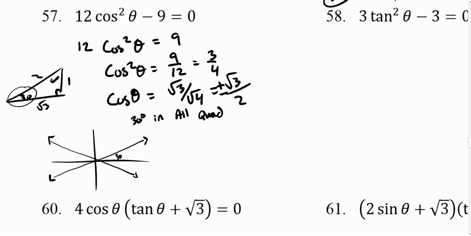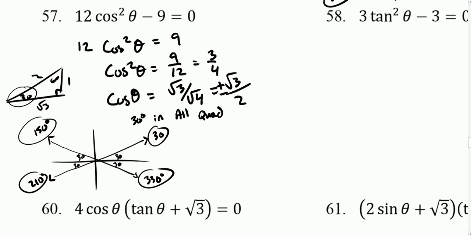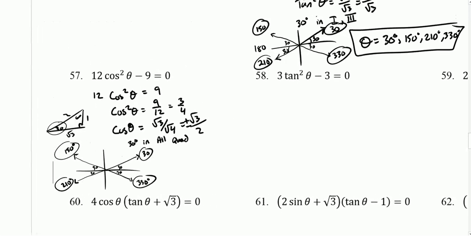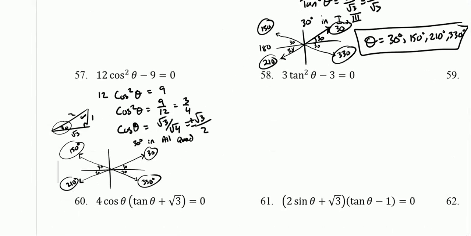So 30 in each of these. So that's 30, 150, 210, 330. Just like we did back in number 55.